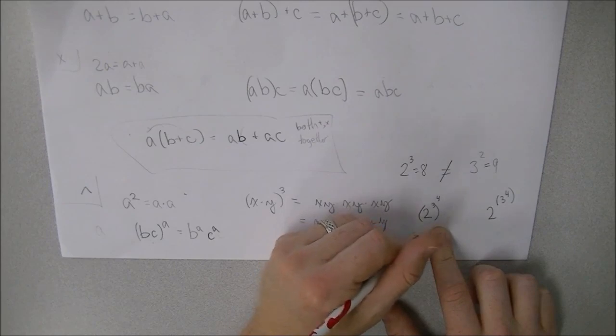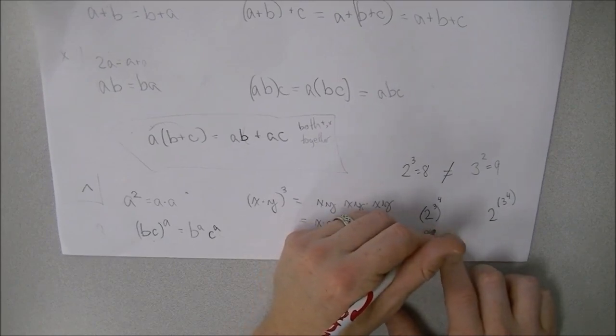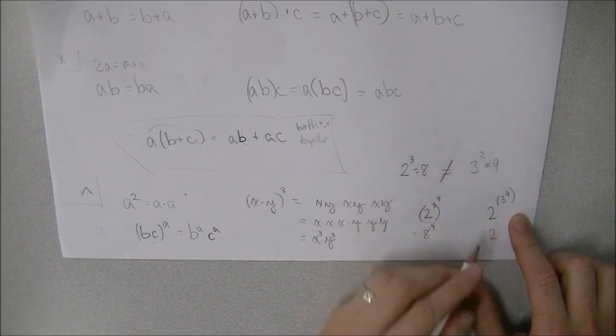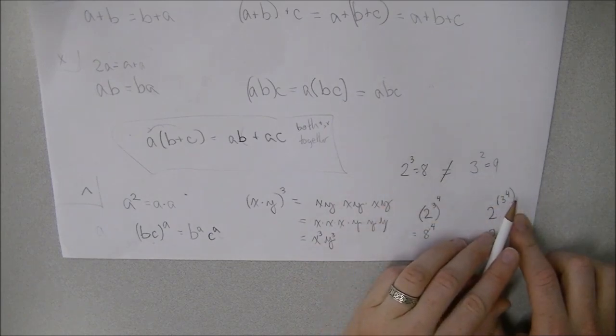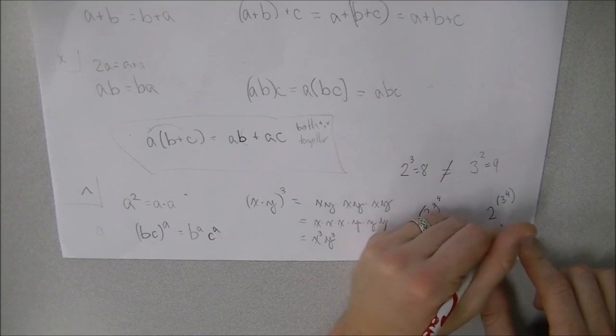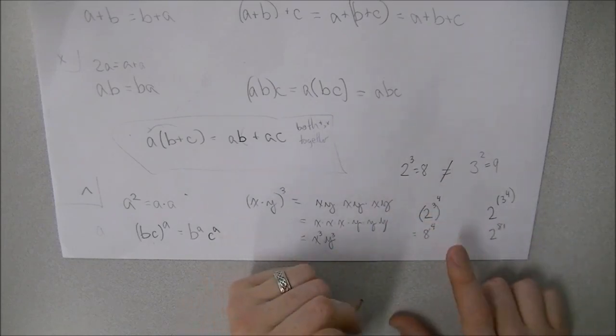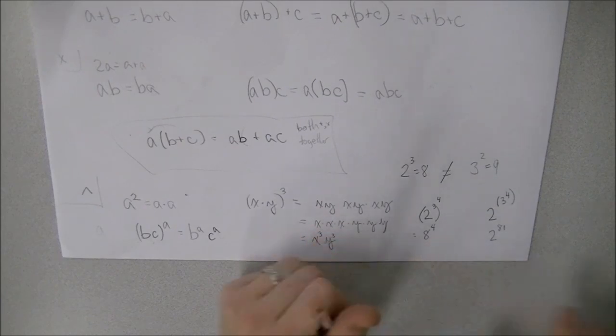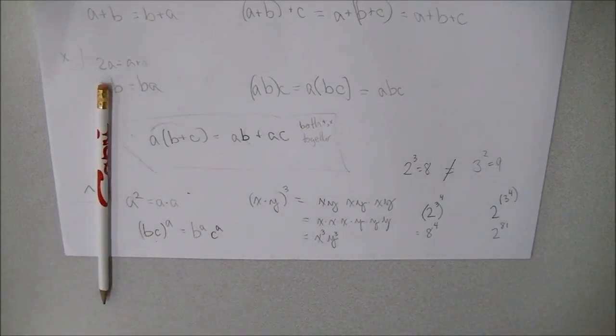This one here is 8 to the power of 4. Over here we have 2 to the power of 3 to the power of 4. 3 to the power of 4 is 81. This one here ends up being, let's get out the calculator.